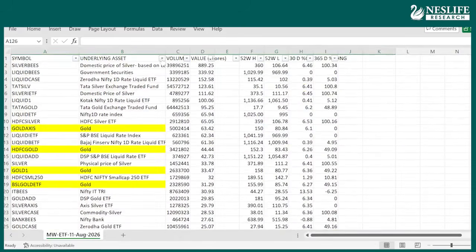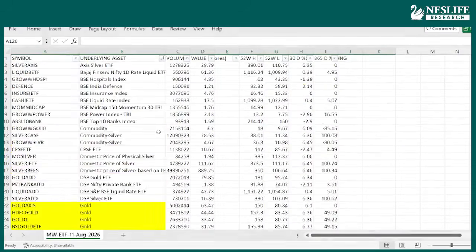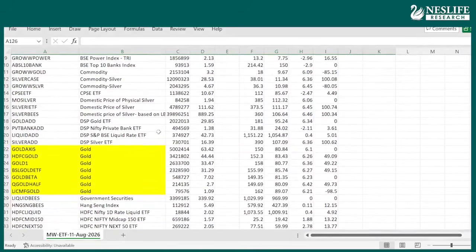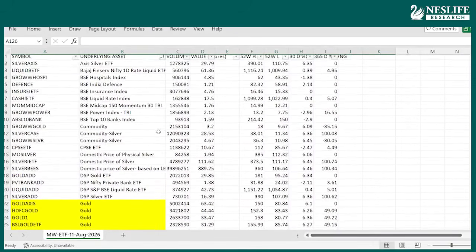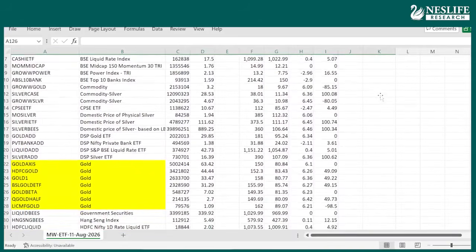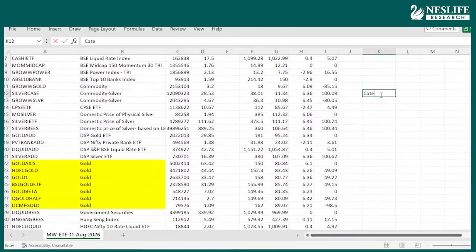And then you can sort and find out two or three among each category. So what are the categories here? Major ones are equity, debt, and gold, silver. Under equity, now you have to understand the indices.